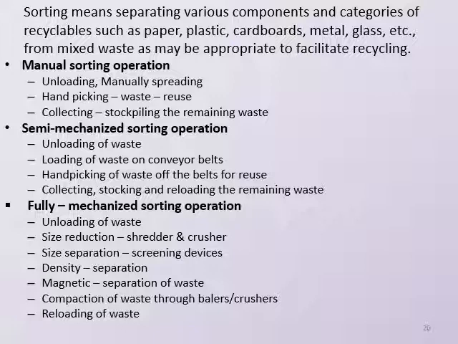Semi-mechanized sorting operation: unloading of waste, loading of waste on conveyor belts. Now some mechanized options are involved here. So loading of waste on conveyor belts, hand picking of waste off the belts for reuse, and by conveyor belts some of the lighter weight waste like aluminium will go to different bins, and some iron metals, due to their magnetic effect, will go to other containers or bins.